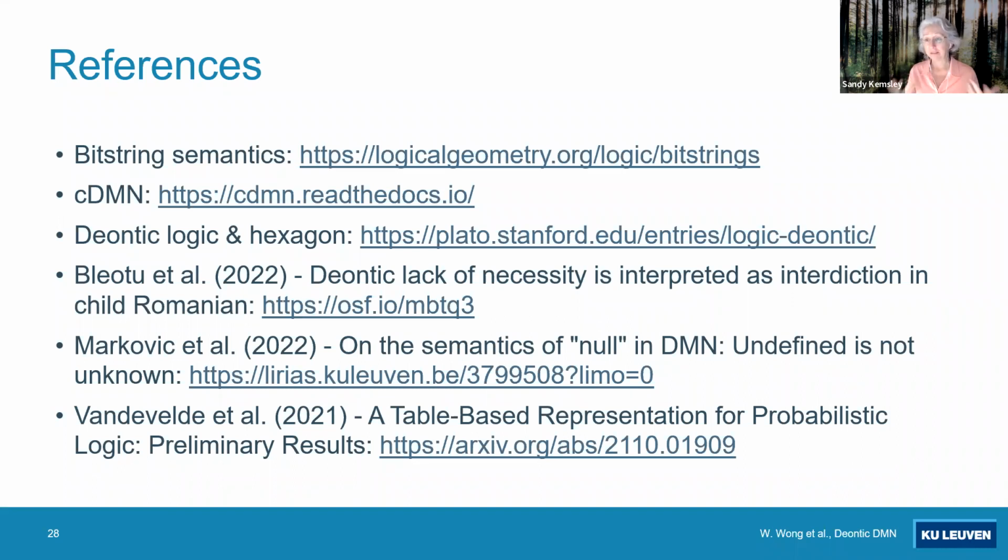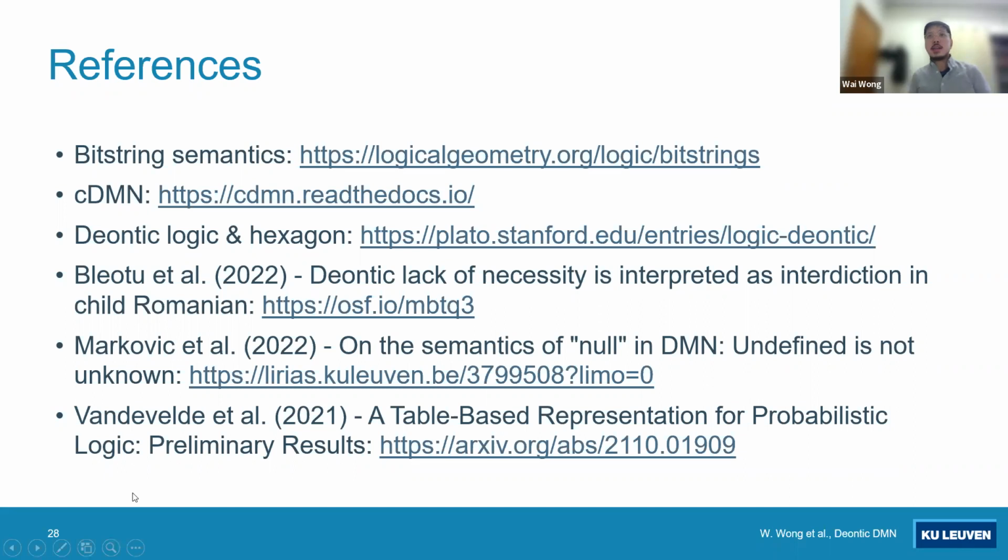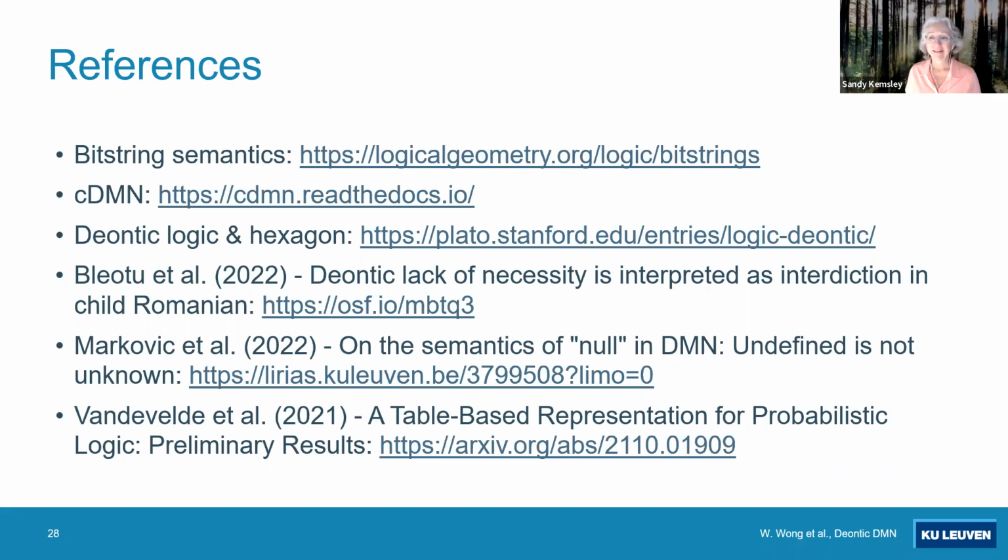There are a lot of things like what happens if somebody doesn't do something that they are supposedly obligated to do. So there's a lot of interpretation there. Yeah, that's also one of the inspirations for why I try to do the extension of the Deontic DMN, because we see that we also have a lot of rules regarding people not following the rules. So we want to represent that as well.